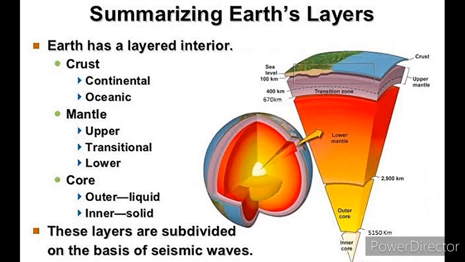As I have said, the crust can be further subdivided into the upper crust and the lower crust. The boundary that separates them is known as the Conrad discontinuity. And finally, between the crust and the mantle there is another layer of discontinuity, called the Moho discontinuity.